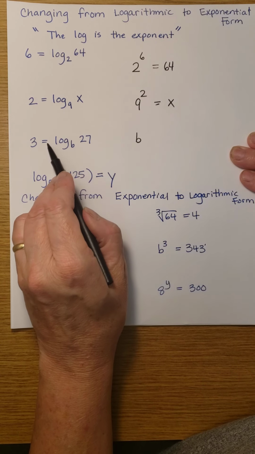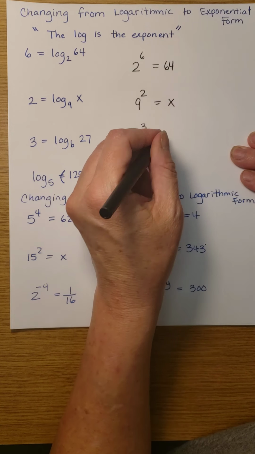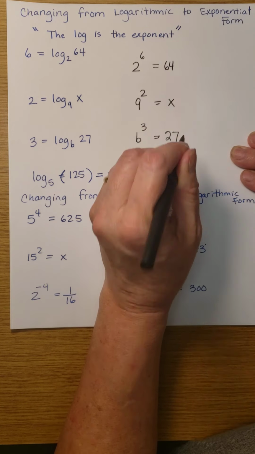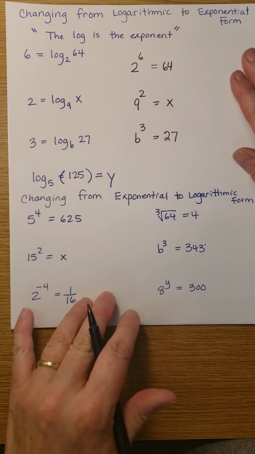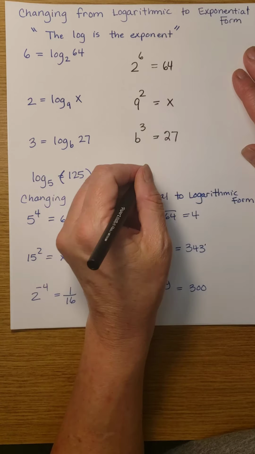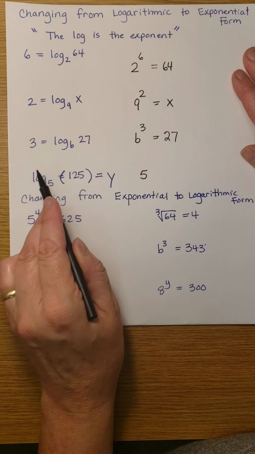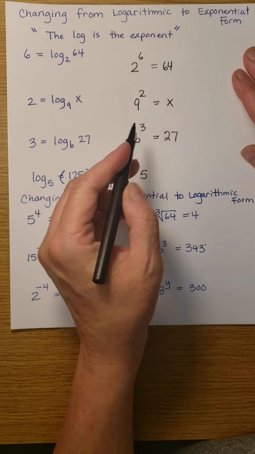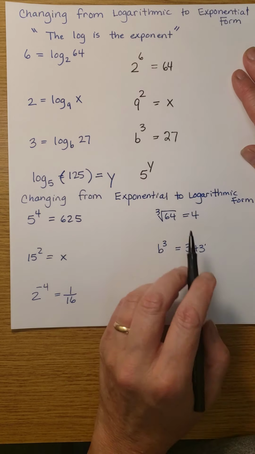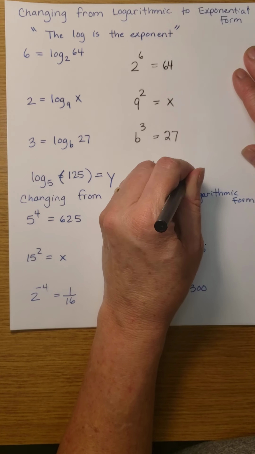The log is the exponent, so the 3 is the exponent, and 27 is left. Here we have the bottom is 5, that's the base. So I write that. The log, that's this expression, is the exponent. So y is the exponent, and what's left is the 125. So it's equal to 125.